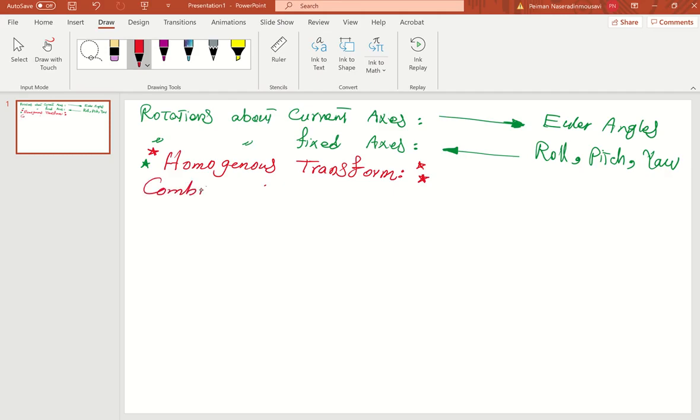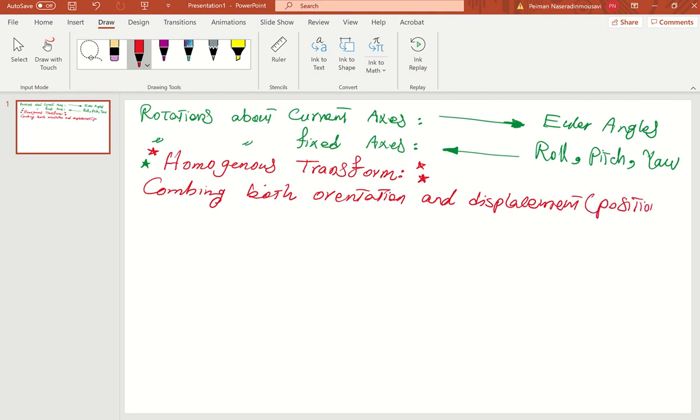So it means combining both orientation, meaning rotation, and displacement or position, gives you the homogeneous transformation.